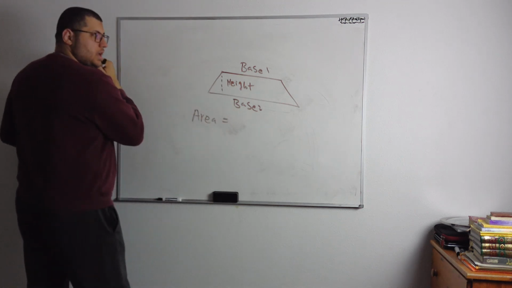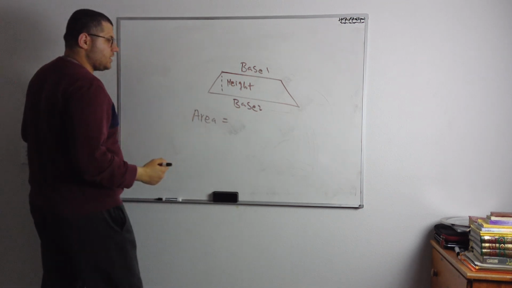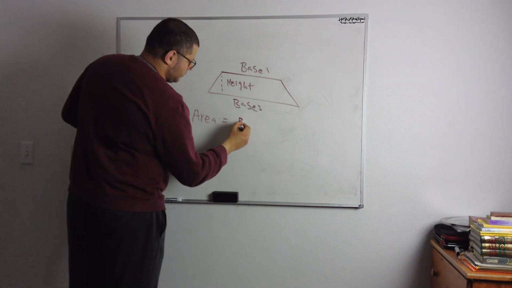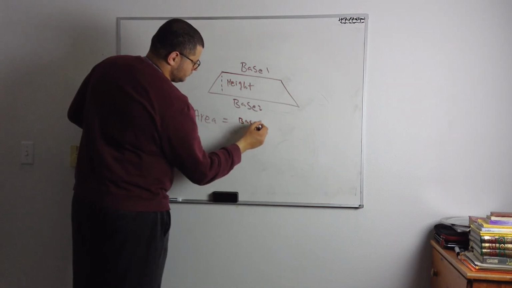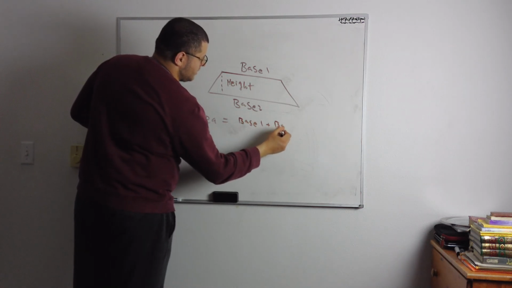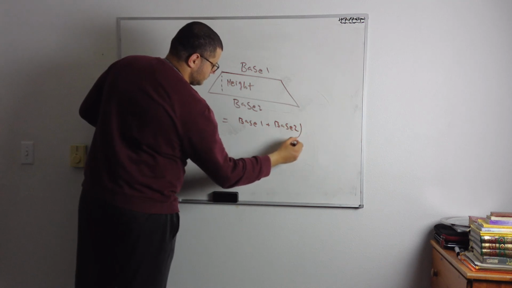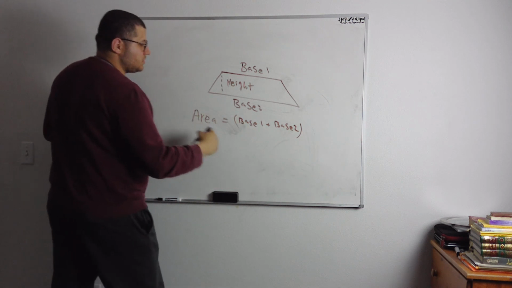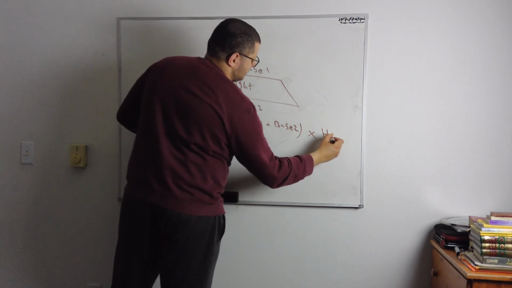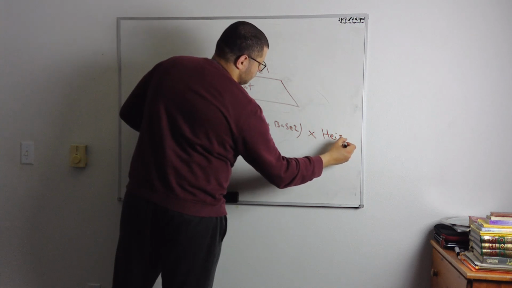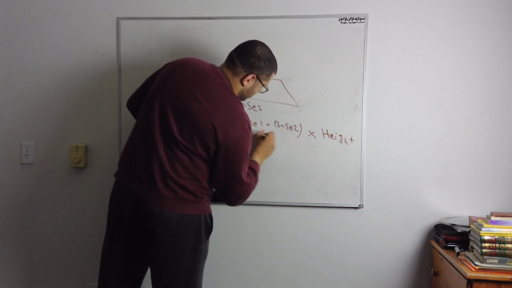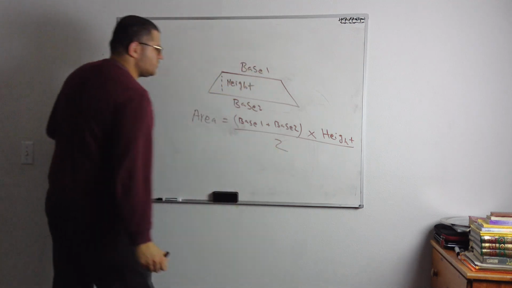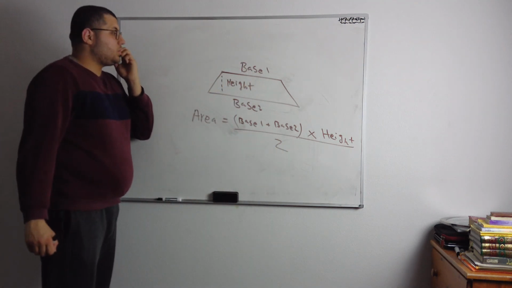Now, the area is equal to base 1 plus base 2. After you add the two bases, you multiply that by the height. And then you divide by 2. That is all you have to do.